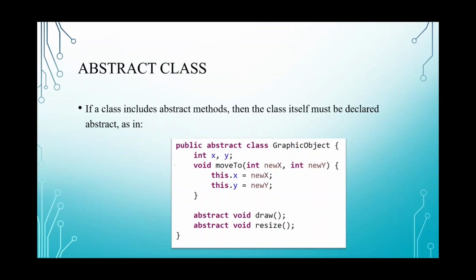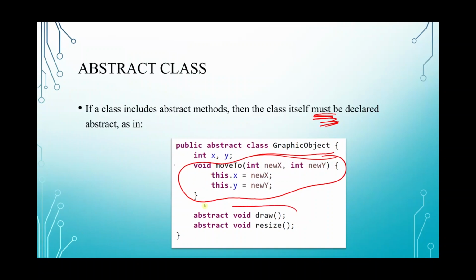So if a class includes abstract method, it must, remember the word must, be declared abstract. So if I have class GraphicObject and it has int x and y, it has a non-abstract method called move_to. It moves the object, whether it's a circle, rectangle, or anything you're going to have, to a new x and y, to a new position.